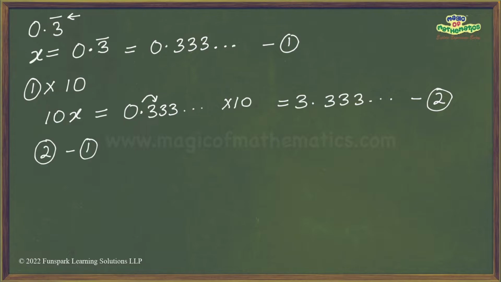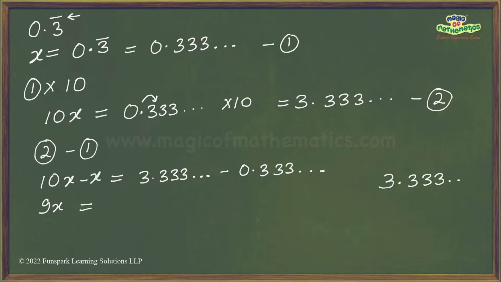On the left hand side we have 10x minus x, and on the right hand side we have 3.333 and so on minus 0.333 and so on.